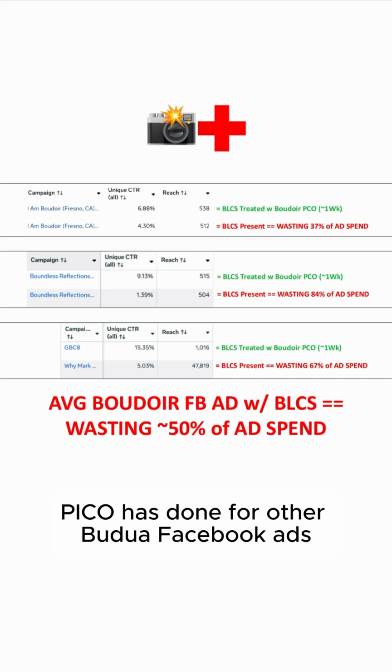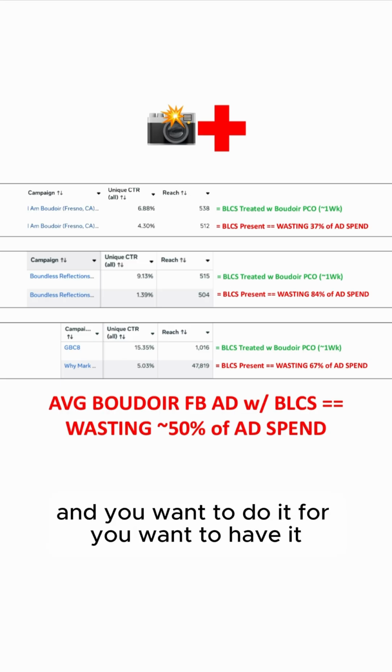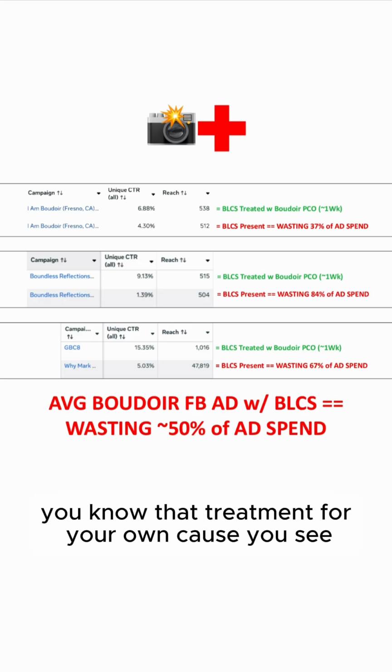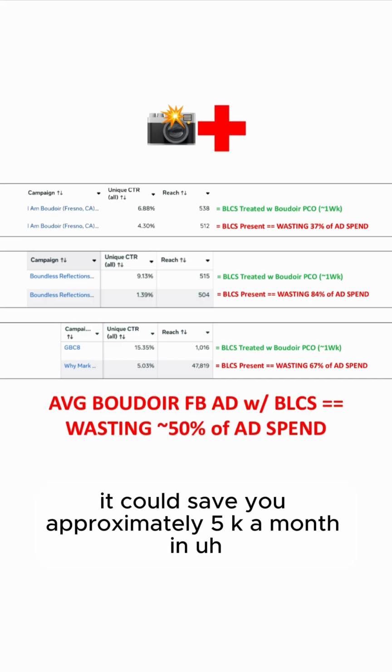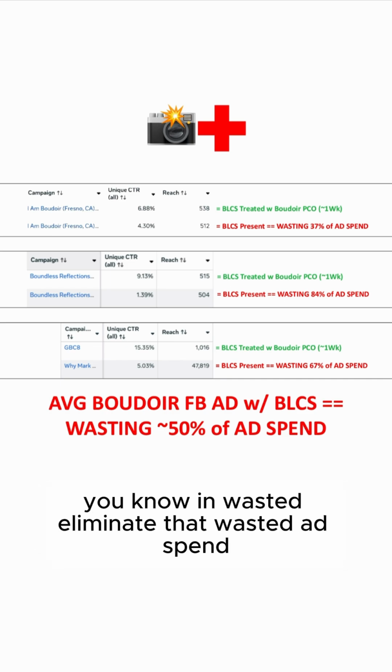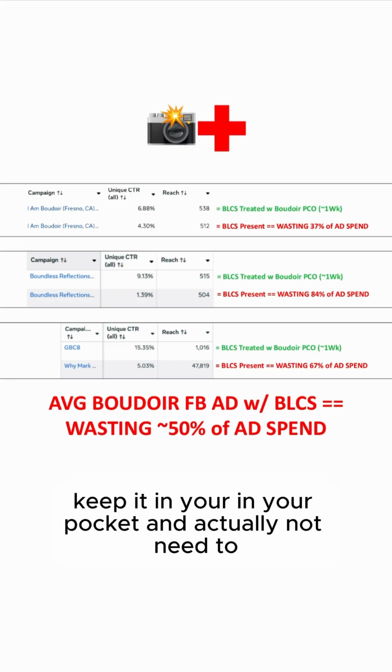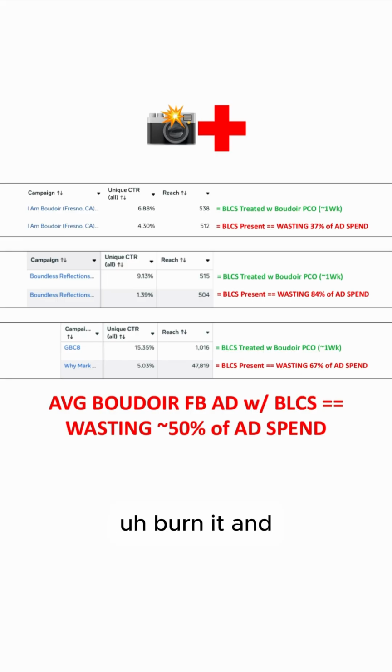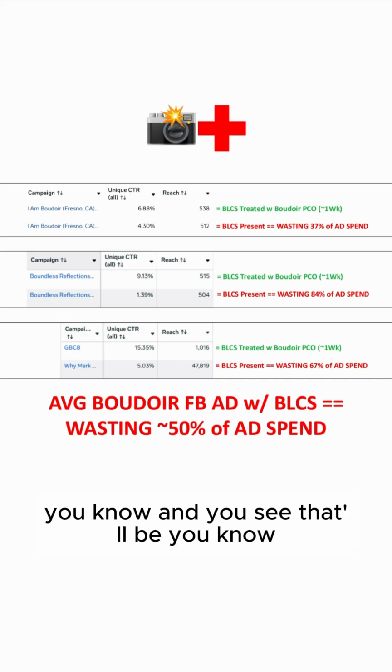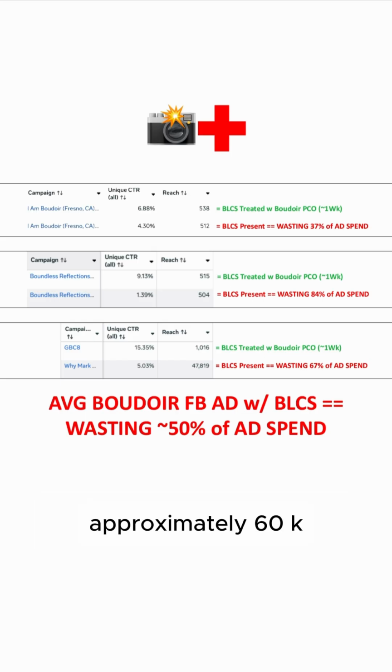And you've seen what Boudoir Pico has done for other boudoir Facebook ads, and you want to have that treatment for your own, because you see it could save you approximately 5K a month, eliminating that wasted ad spend, keeping it in your pocket, and not needing to burn it. And you see that'll be approximately 60K back in your pocket over the next 12 months, over the next year.